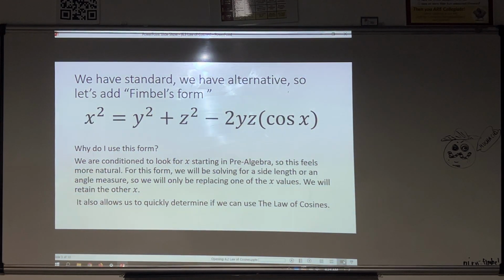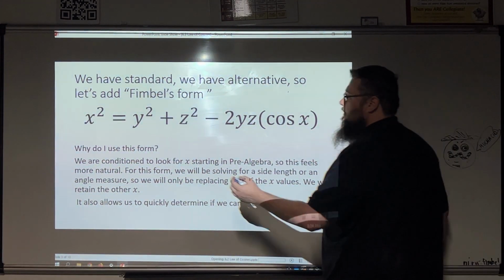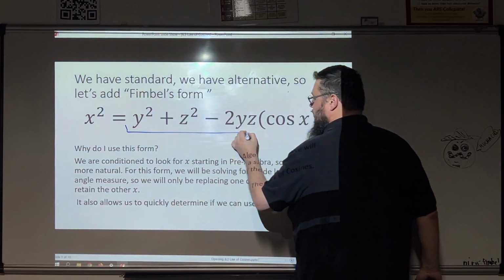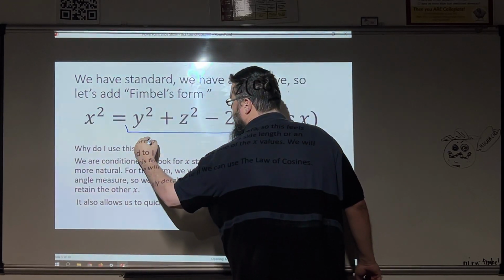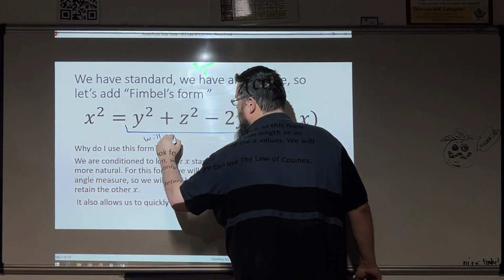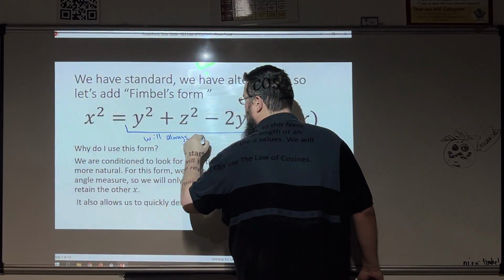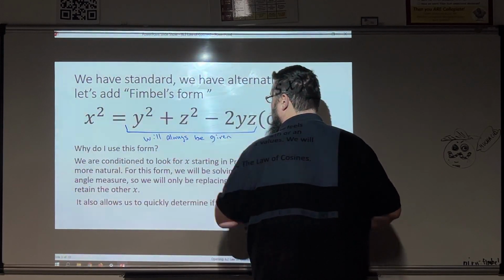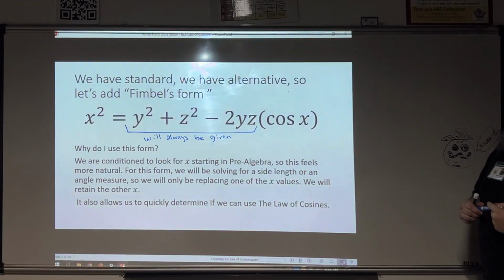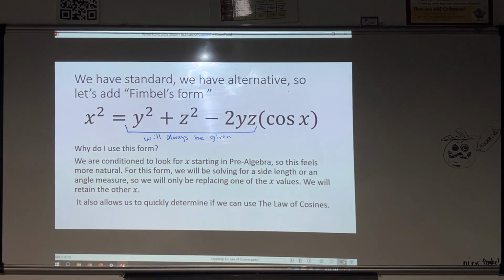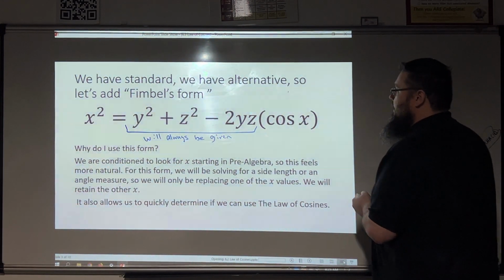And the reason I like thinking of it this way is everything from here to here will always be known. If you cannot fill that part out with the information you're given or you found, then you're better off using the law of sines because you're not going to have much success here.